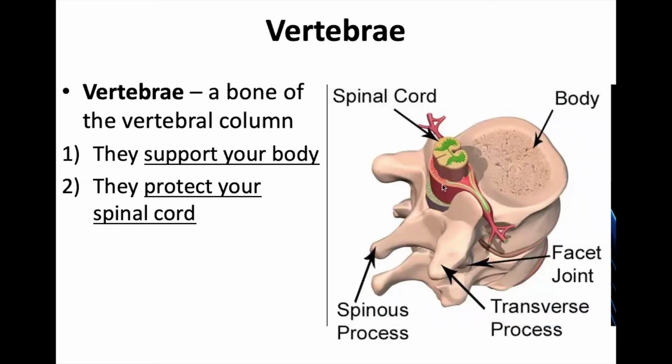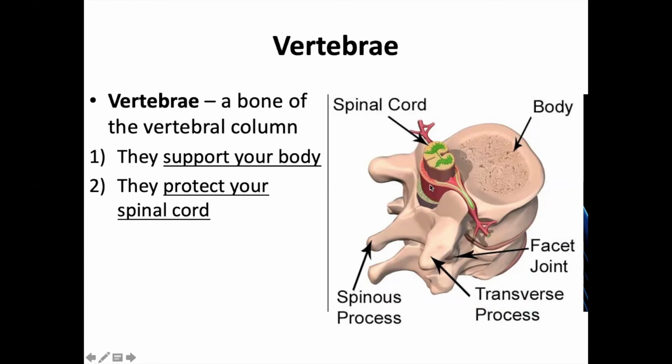And then back here is the hollow space where your spinal cord is kept. And then you have these spines called the spinous process sticking out the back as a bit of protection and also prevent you from bending backwards too far. Because if you did, you would bend your spinal cord and give yourself permanent damage. So weight support, spinal cord, protection.